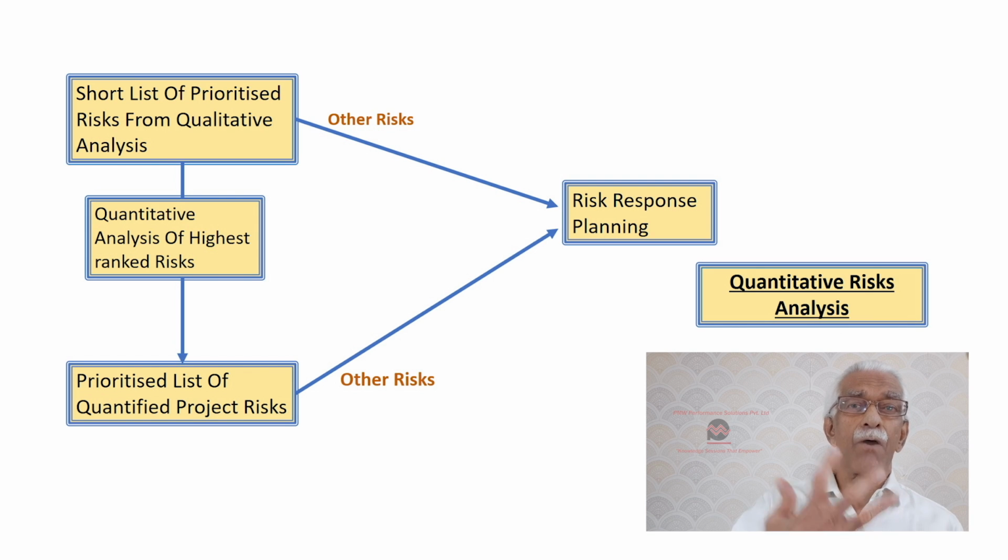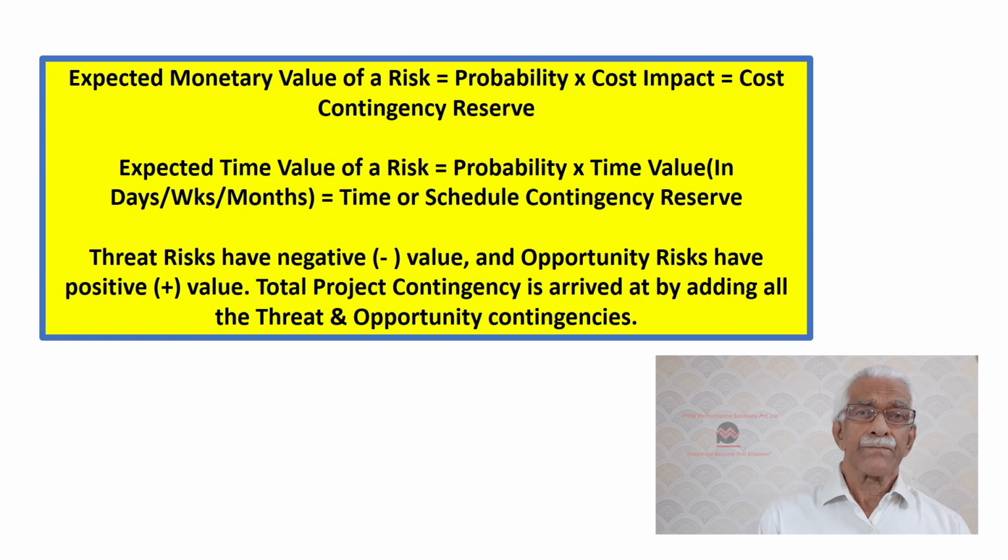So this risk has a probability of 50%, and the impact if it occurs is about say so many thousands of rupees. So this is what we do in quantitative risk analysis. The next step is to multiply the probability and impact to arrive at the expected monetary value or the expected time value, depending on whether it's time or cost.